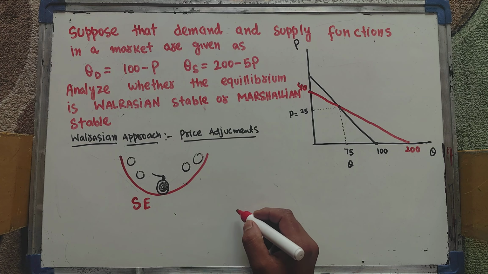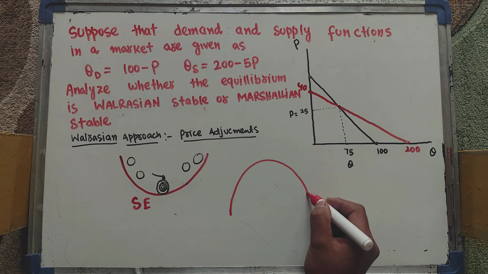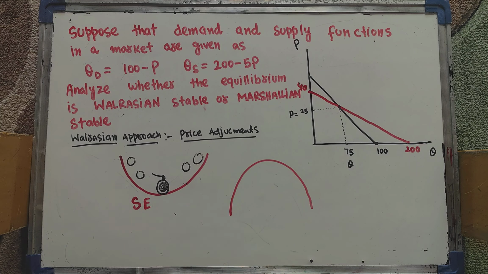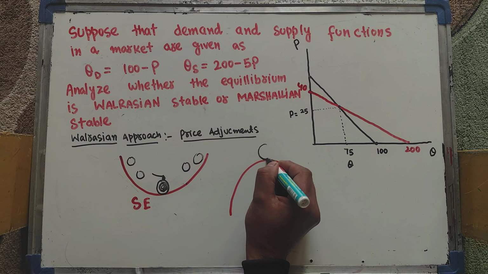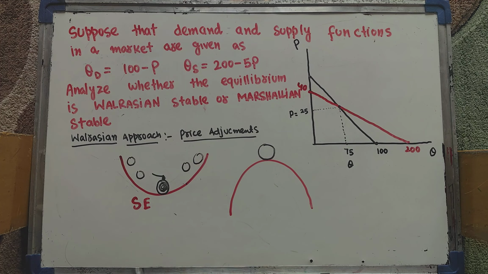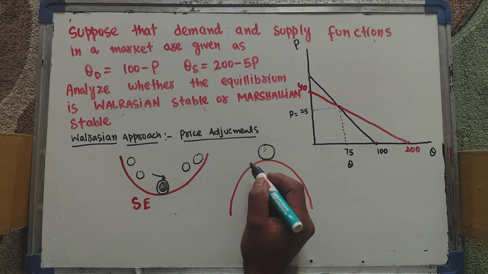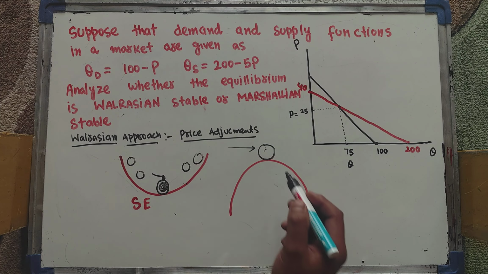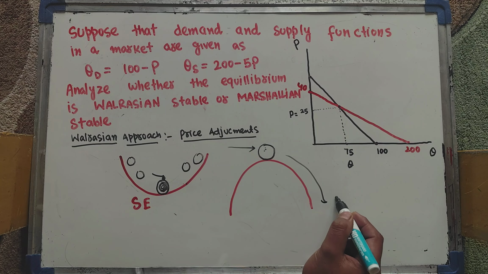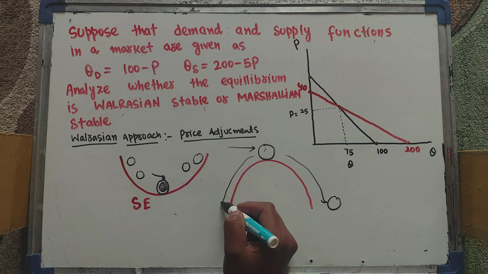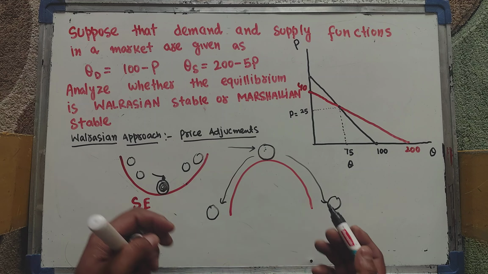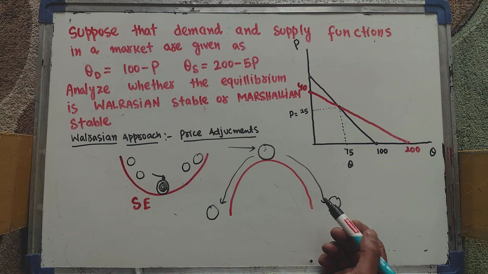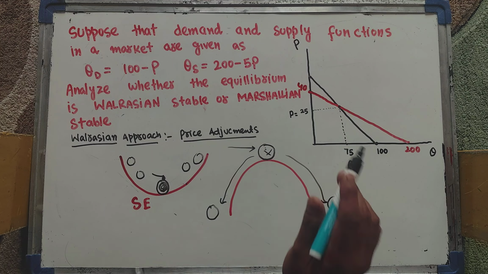Now what about unstable equilibrium? Let me draw this bowl again, but upside down. If I have a ball here at the top, and this ball is disturbed once, it will either go downwards here or downwards here, but it will not be able to reach its original position.